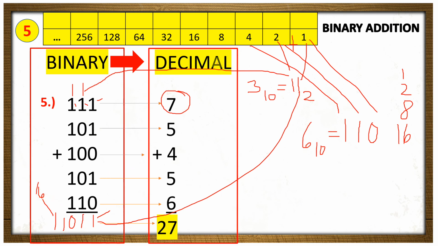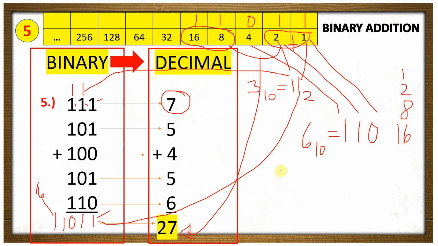Okay, so the fifth digit here. Let us write this on here: 1, 1, 0, 1, 1. Okay, so you add the on digits. Okay, this one is 24 plus 3. Okay, and that's 27. Okay, so meaning the answer is correct.